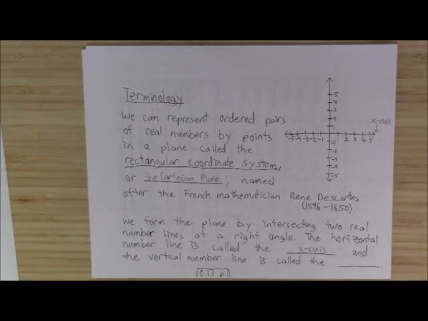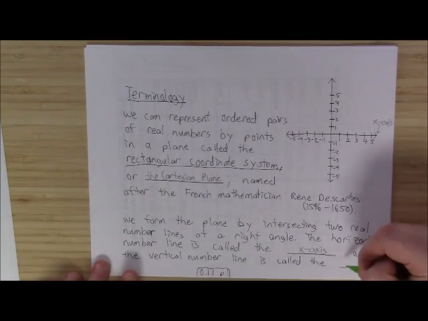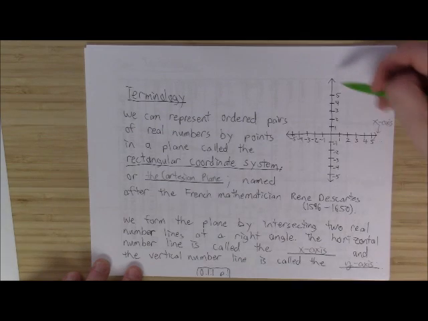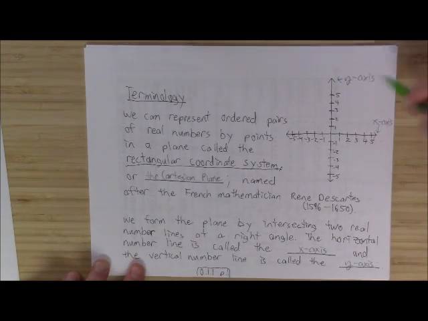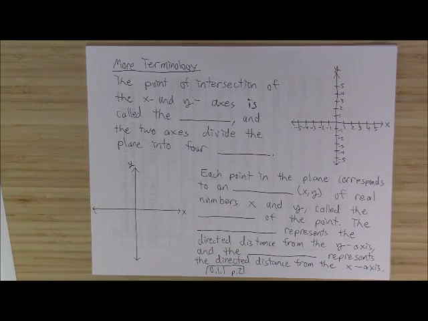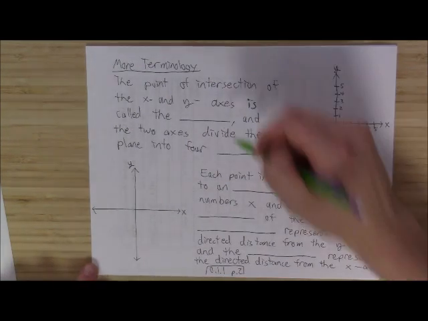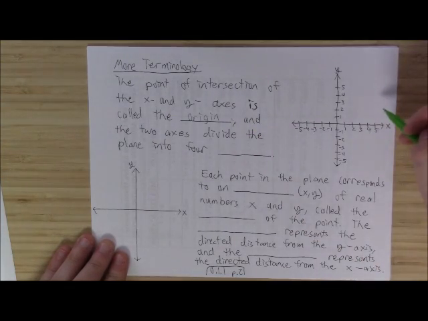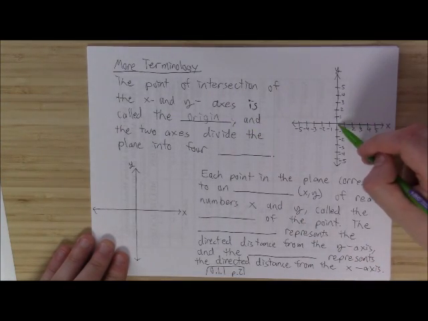Also, the vertical number line is called the y-axis. And that would be here. A bit more terminology. The point of intersection of the x and y axes is called the origin, which takes place in this picture right here.